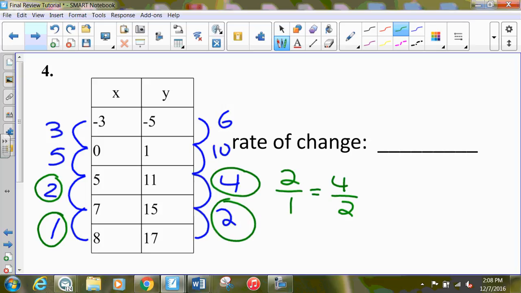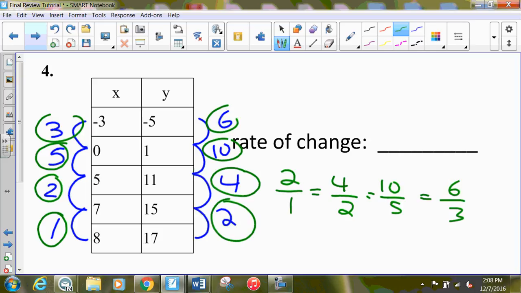And so we move up the table and we notice, oh, our change in y is 10, our change in x is 5, so that's 10/5. Another way to say 2. And then we have 6/3, which is another way to say 2. So all these hoops, when we do them, and then we look at the change in y over the change in x, because, right, slope is rise over run. Slope is change in y's over change in x. And so we see that our rate of change, no matter how you write it, reduces to 2.